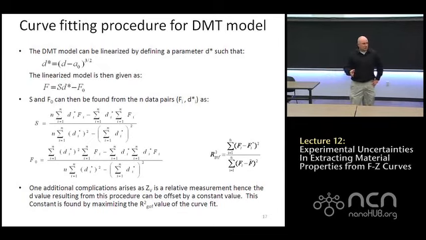When you start talking about DMT prior to contact, usually they say that van der Waals forces saturate, and then there's a transition to the DMT model. So obviously this equation is valid only when D minus A naught is greater than 0. So when you're doing the curve fitting, the values where this is negative are essentially nonsensical. It's not part of the region where the model is valid.